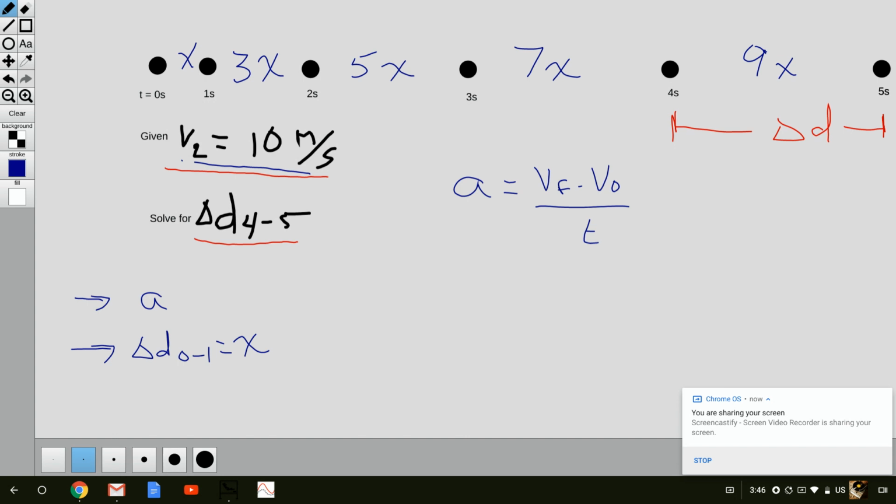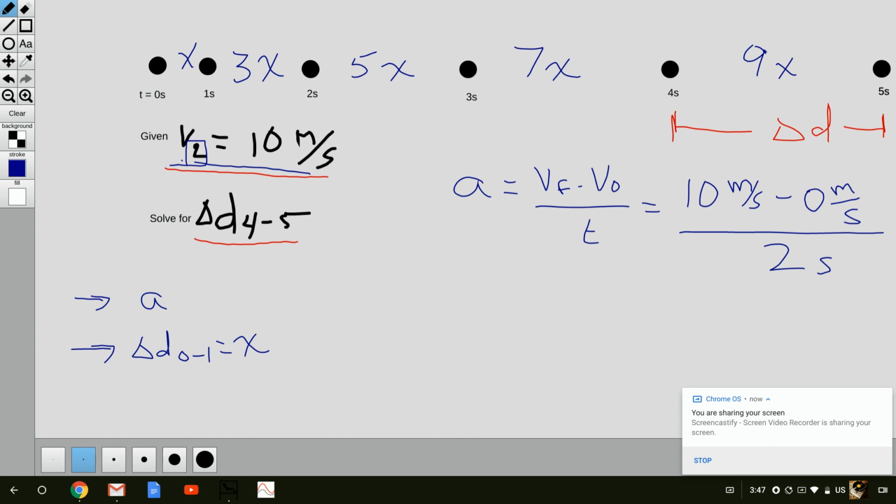So if we use VF, or final, as V2, it would be 10 meters per second minus our initial velocity, which, as you recall, is always 0. We're always starting from rest here, divided by the amount of time it took to do that. Well, this is the velocity at 2 seconds, so the time interval from 0 to 2 is 2 seconds.